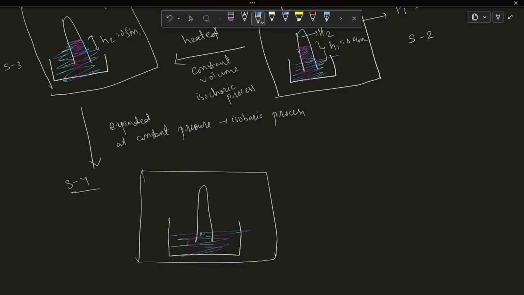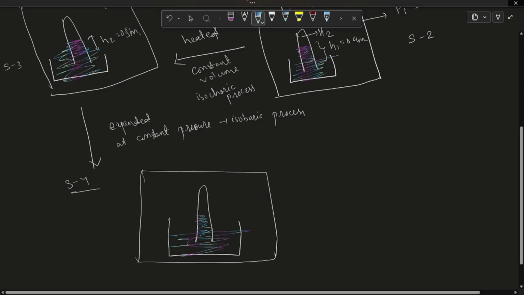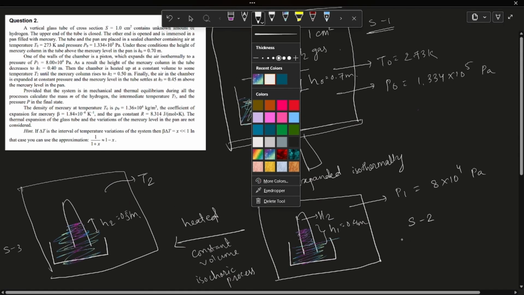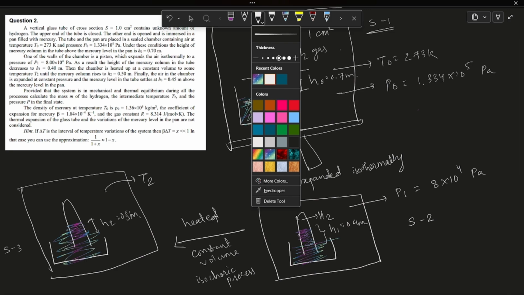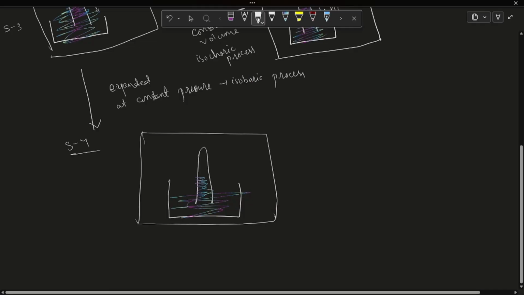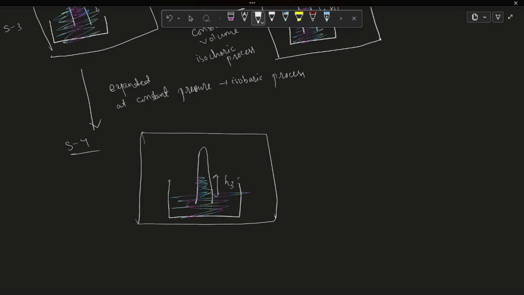This is mercury. Then finally, the air in the chamber is expanded at constant pressure. The mercury level settles at H3, which is given as 0.45 meter. This height H3 is given 0.45 meter.